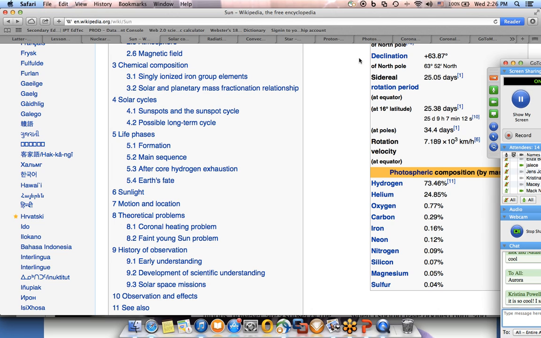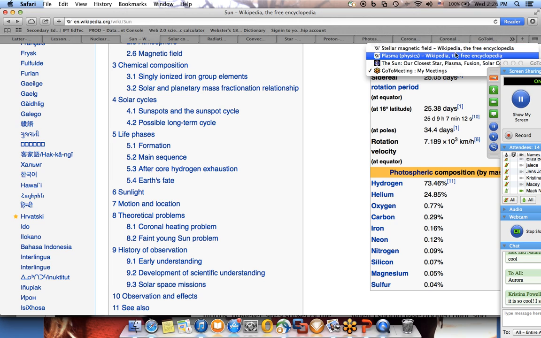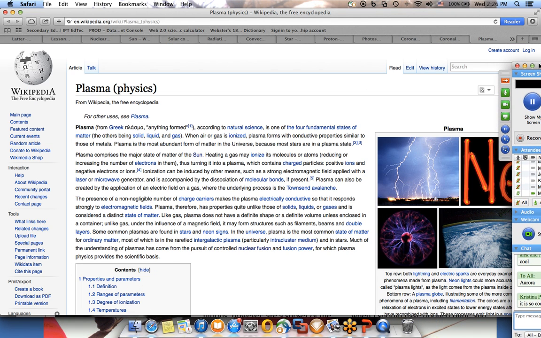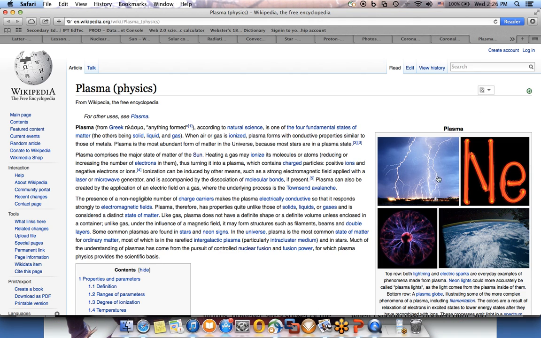I think I had one of the websites here. Okay, so here we see that in the aurora you see plasma. In the lightning bulbs, also the neon lights, all right, have plasma inside the tubes.